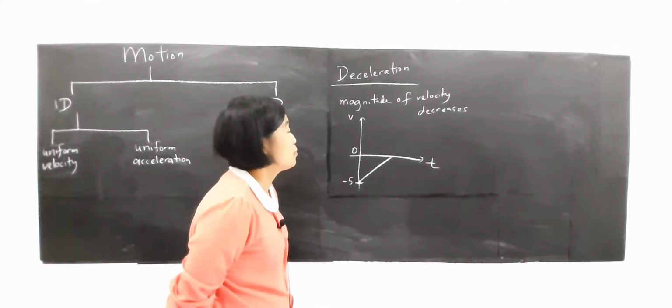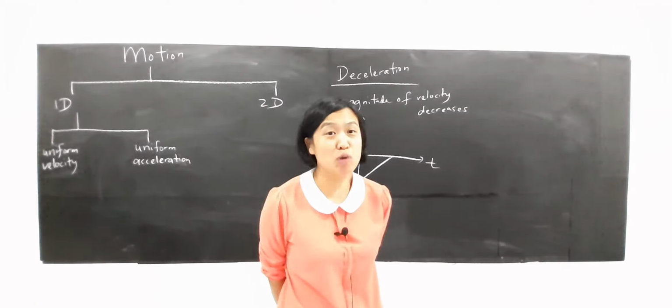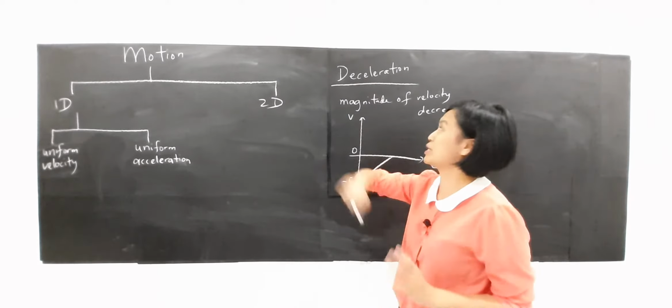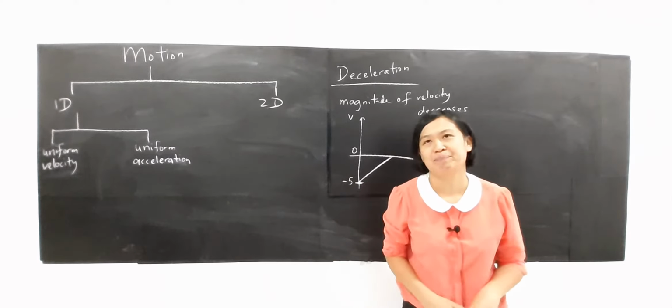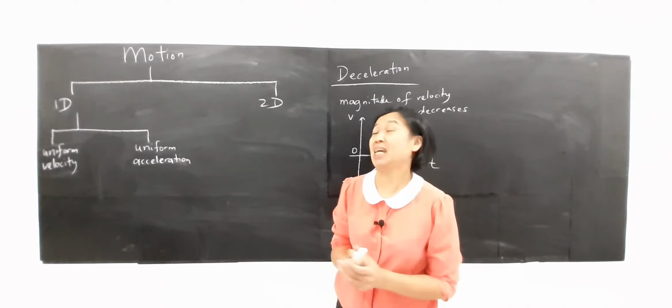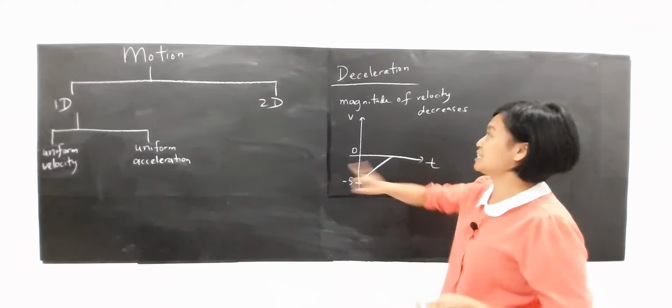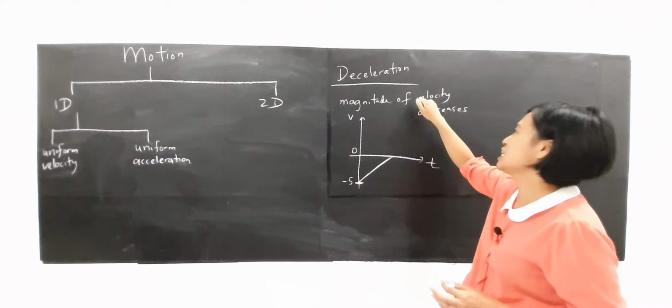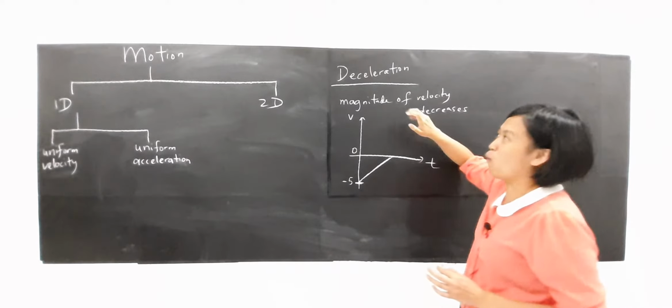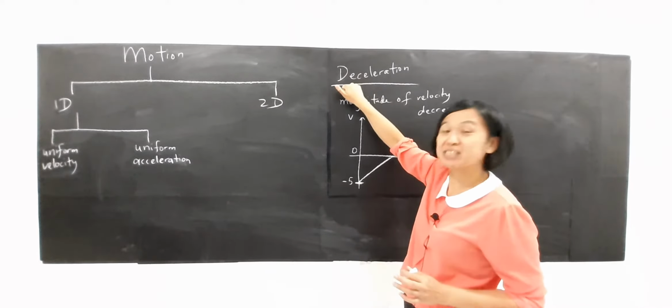Okay, so before we continue with the next subtopic, let us look at what is meant by deceleration. In a simple way, Madam will tell you that the magnitude of velocity decreases for deceleration.